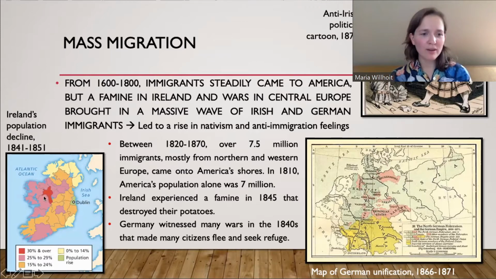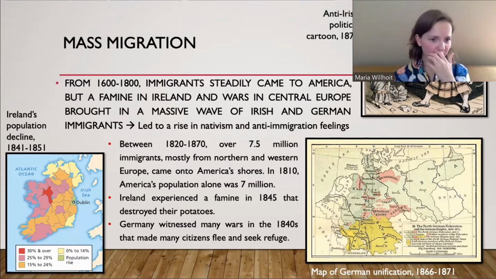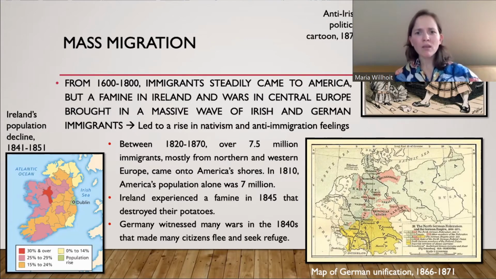In some places, you have 25 to 30% of the population dying or decreasing. It's a massive problem. The one exception is Dublin. I'm not sure why. So it's a big problem, and many Irish, as a result, move to America. They try to get their luck within America, and many of them are Catholic Irish, which is important.